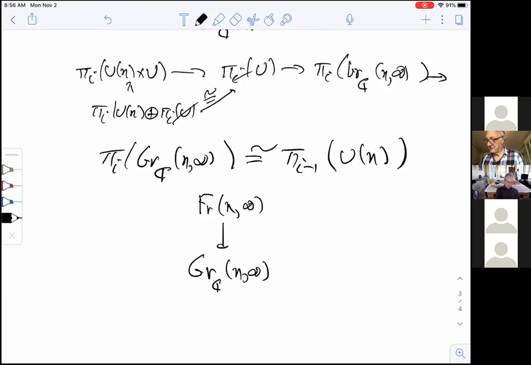This is the map that takes a frame and associates to it the plane that the frame spans. The unitary group U(n) acts on the frames by just acting on the frame, and the quotient is the Grassmannian. But this space is contractible.